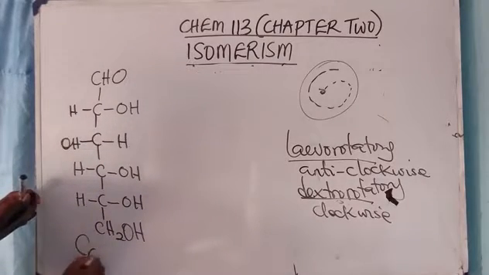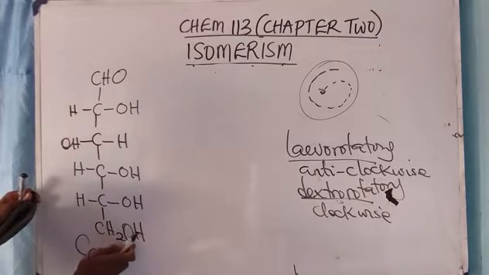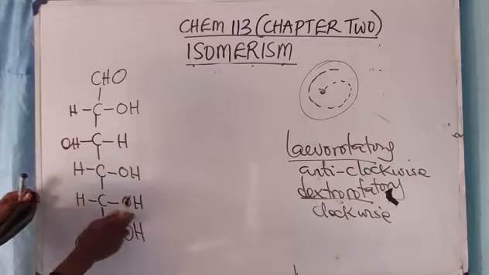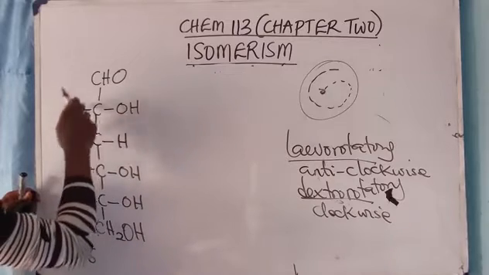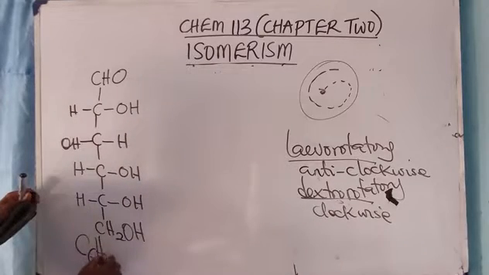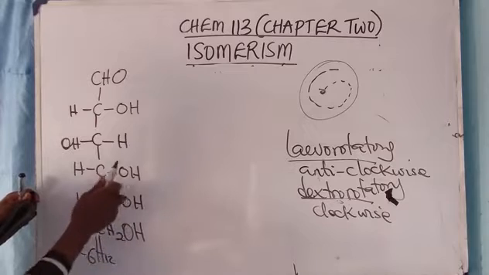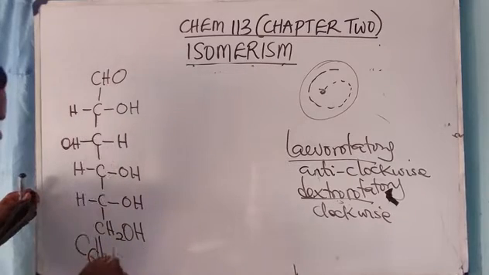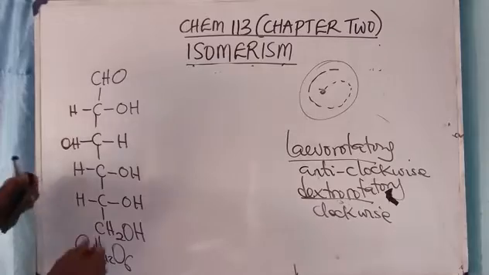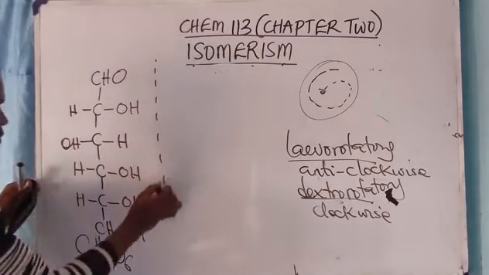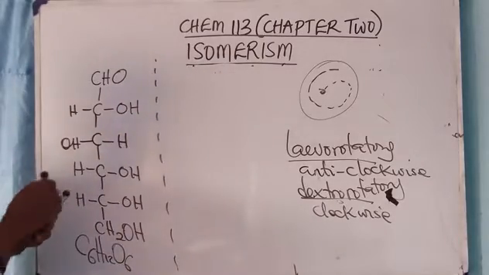That is C6H12, 2, 3, 4, 5, 6, 7, 8, 9, 10, 11, 12, O6. 1, 2, 3, 4, 5, 6. O6. So this is what? Glucose.